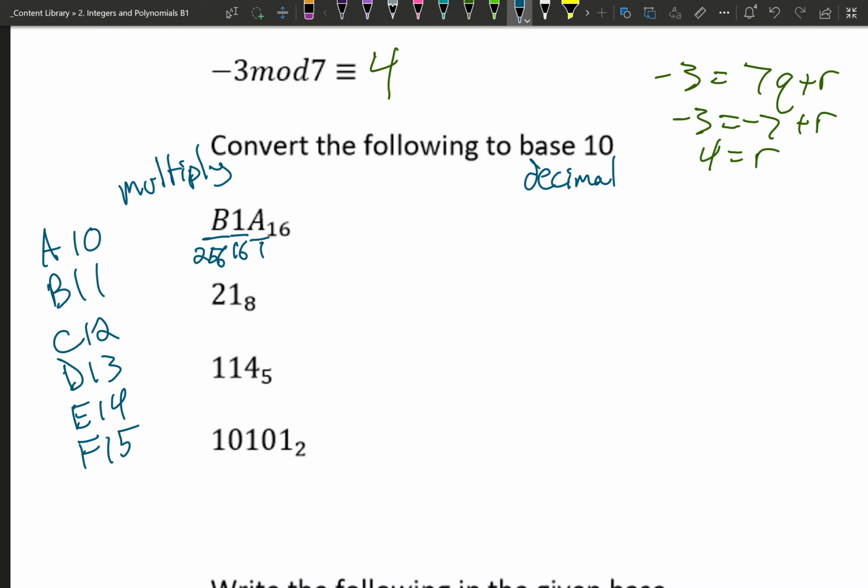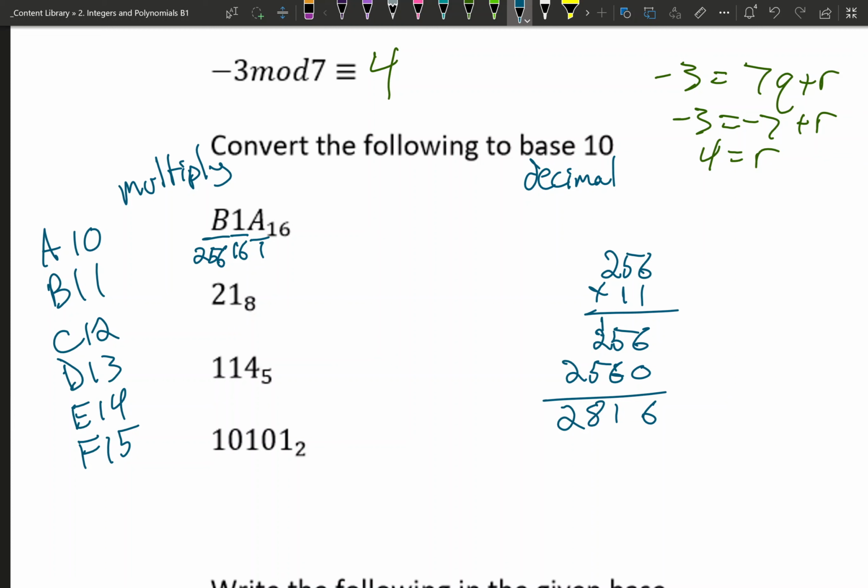So for 256, we have 11 of them. So we do 256 multiplied by 11. Well, that's going to be 256 plus 2,560. And this is also nice to look at when we're dealing with multiplication because we're going to look at it in different bases set up with the same structure.